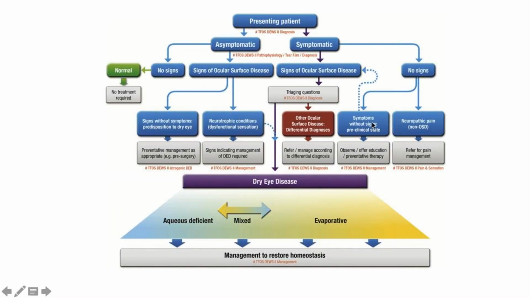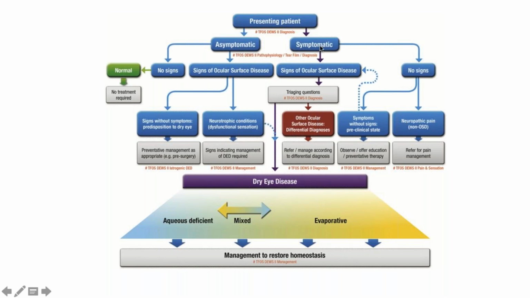If you look at this diagram, it may appear to be a bit complicated, but when you have a patient presenting with dry eye, you could have them in two forms. They could be asymptomatic, they could be symptomatic. If they're symptomatic, it's simple. There could be some sign of ocular surface disease, and you can go about investigating them.